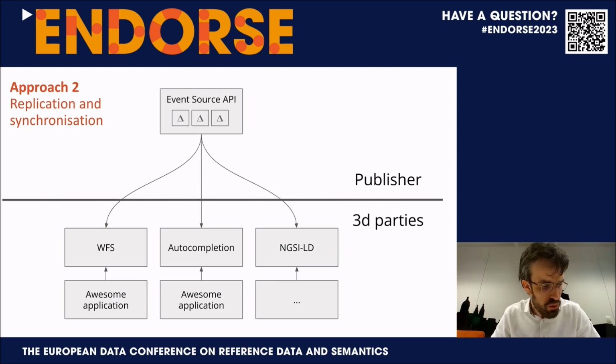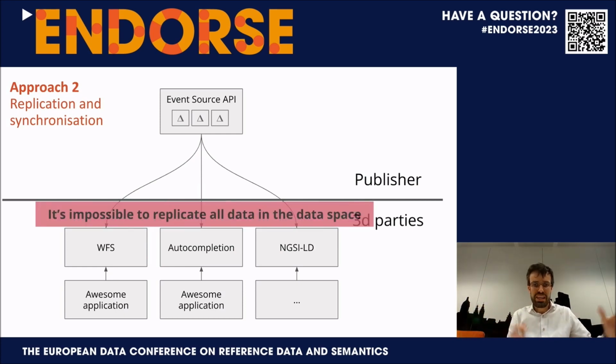But I'm also really skeptical about that, because I don't believe that this is the full solution yet, because we simply cannot replicate the full web on a server of a third party. So for me, this is a replication hell, in the sense that you cannot keep copying the entire web towards your own machine.